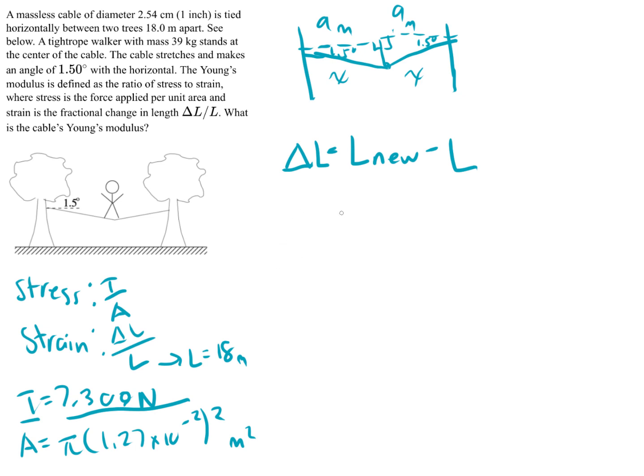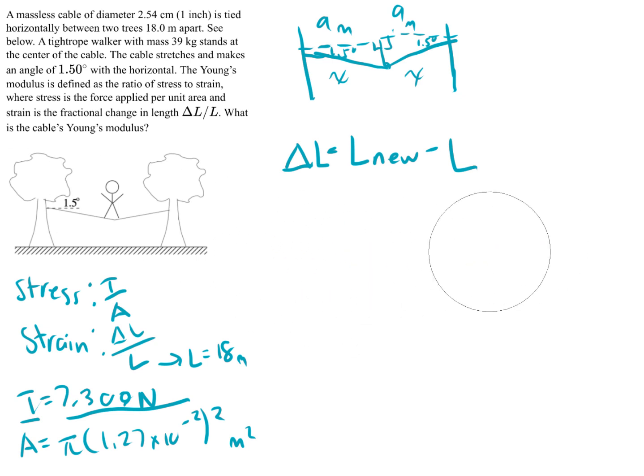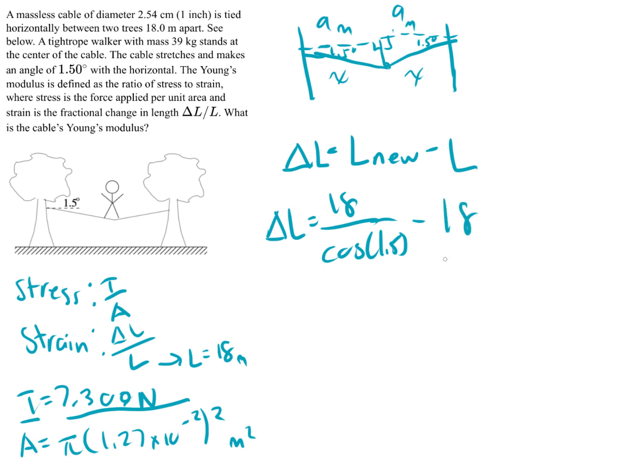So 9 divided by cosine of 1.5 times 2, which is 18 divided by cosine of 1.5. So we can say that the change in L is equal to 18 divided by cosine of 1.5 minus the original length of 18 meters.